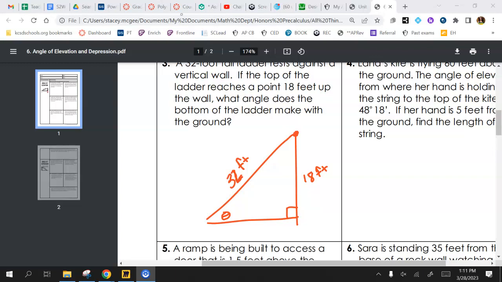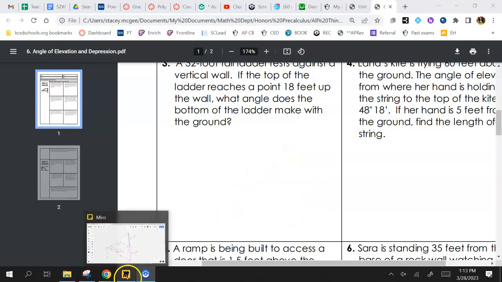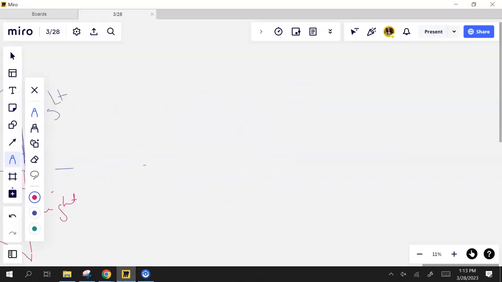So this is really more interpreting the problem, setting up the triangle, and then you know how to solve it. Yeah, 32 and 18.